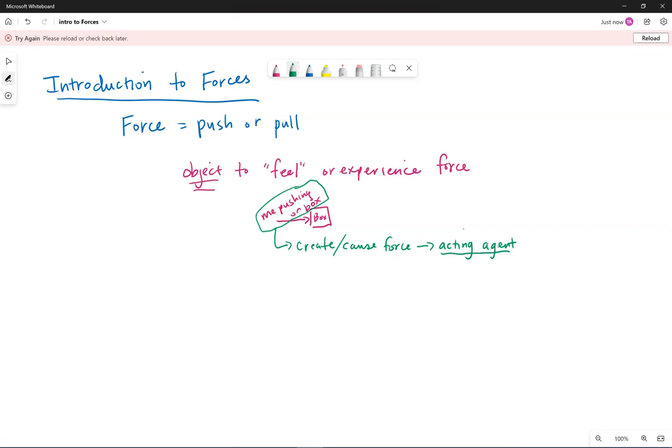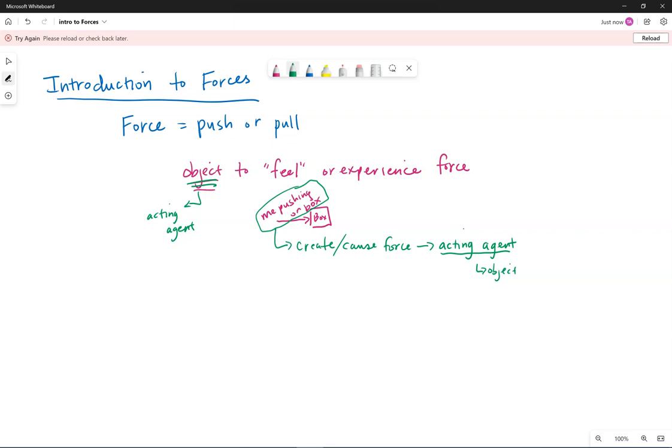When we talk about Newton's laws, we'll find also that we can swap where I become the object and the box becomes the acting agent. Meaning, as I push on the box, I too feel a push against my hand from the box. And so you may have heard of Newton's third law before, where for every action there's an equal and opposite reaction.